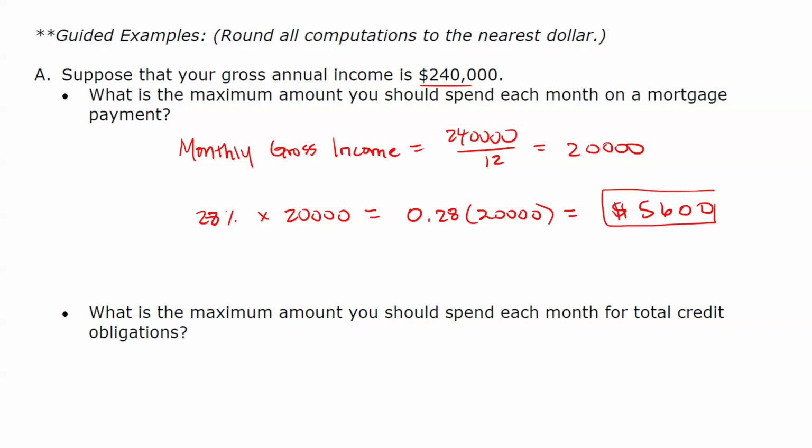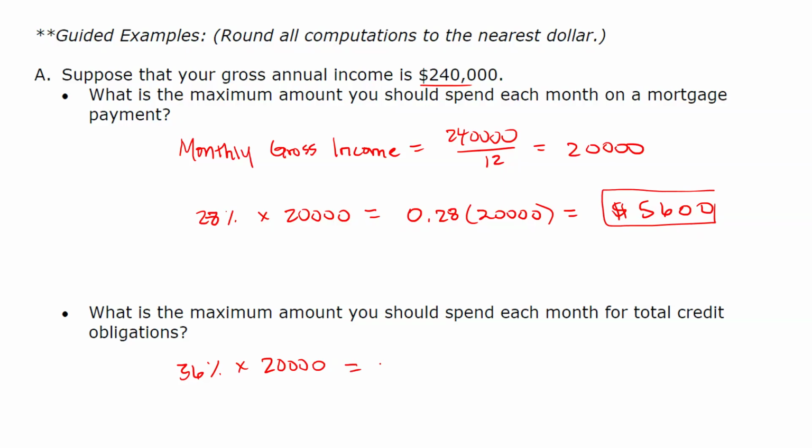Now, what is the maximum amount you should spend each month for total credit obligations? According to financial advisors, we shouldn't spend more than 36%. So no more than 36% of our monthly gross income should go to credit obligations.